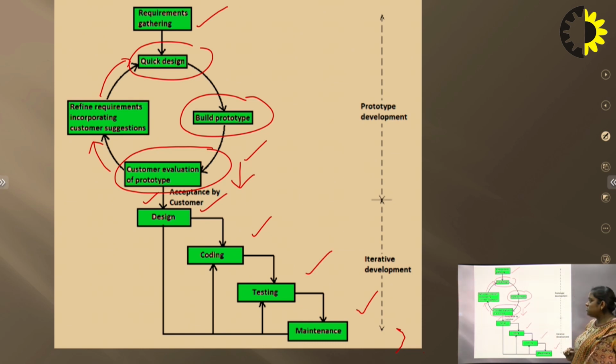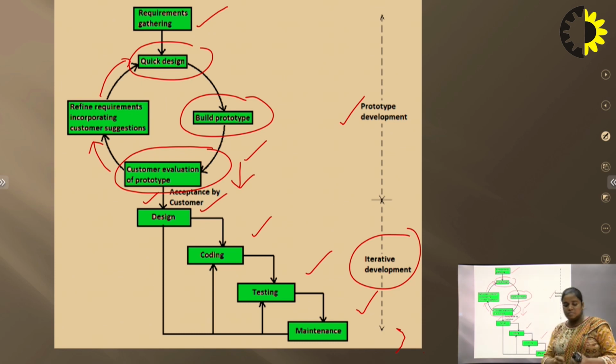So here we can say that the prototype model also includes an iterative waterfall model in itself. With that, it has an additional feature to provide a dummy kind of model or prototype to the customer. So this is the basic introduction of the prototype model.